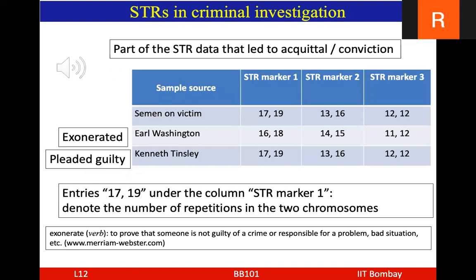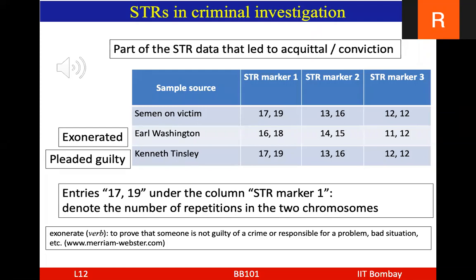So this is a very important slide. When they analyzed the semen on the victim, the DNA sequences were analyzed. They looked at STR marker 1, marker 2, and marker 3, three different types of short tandem repeats. The values were 17 and 19, 13 and 16, and 12 and 12.